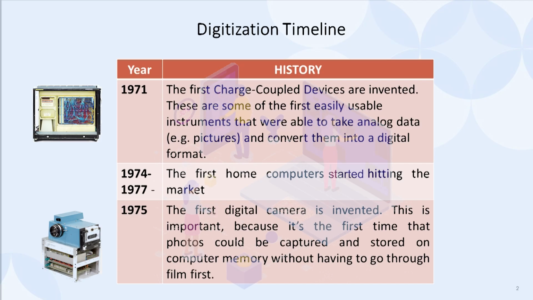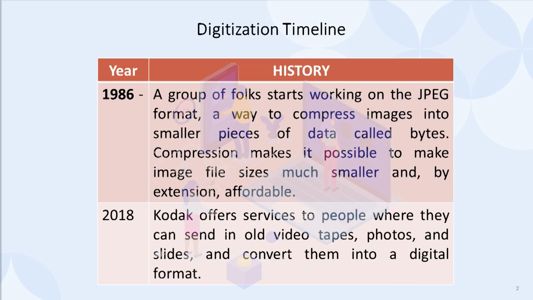In 1975, the first digital camera was invented, which is important because it was the first time photos could be captured and stored in computer memory without going through film first. Then in 1986, a group of folks started working on the JPEG format, a way to compress images into smaller pieces of data called bytes.